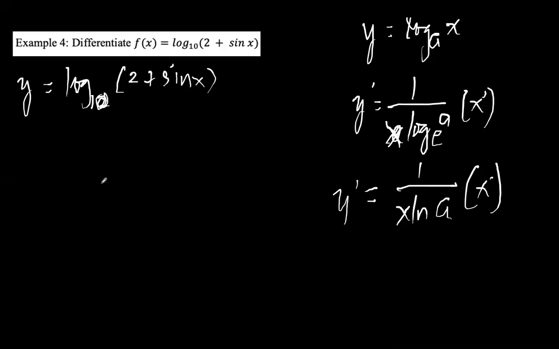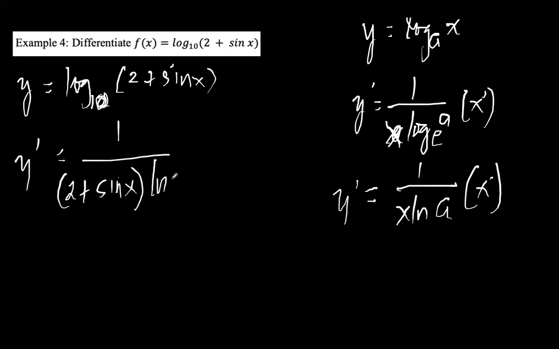So let's now apply this rule here. So we have y prime is equal to 1 over the 2 plus sine x, all right? And also the natural logarithm of the base, which is 10, correct? And times the derivative of 2 plus sine x, okay?